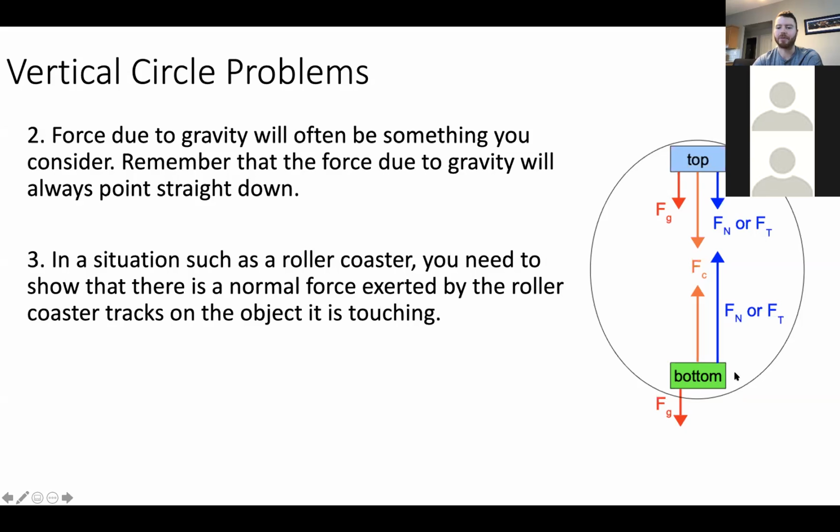When we're at the bottom, we have the normal force pointing up because it is the force of the roller coaster tracks being exerted on the cart, right? So if we're at the top, we're not going to have a normal force pointing up. It's going to be pointing down because that is the direction of the normal force of the track that it is exerting on the cart.